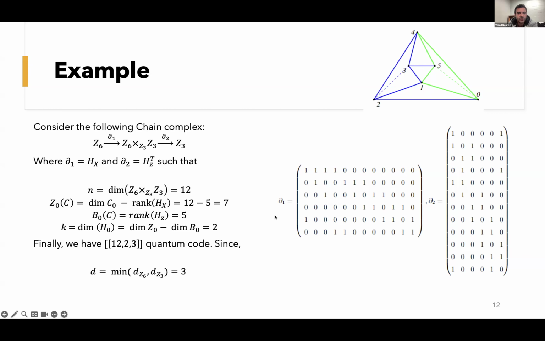For finding the dimension, we must first calculate the HX and HZ transpose matrices as shown here, and the dimension K is n minus rank of HX minus rank of HZ, that is 2. In total, we have a [[12, 2, 3]] quantum code from this construction.